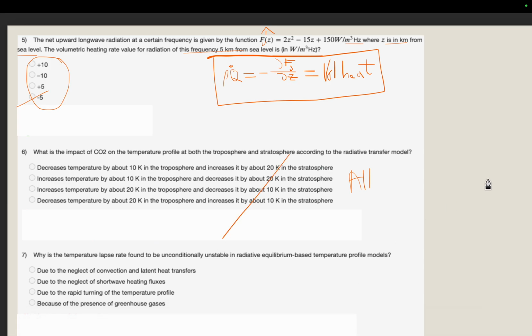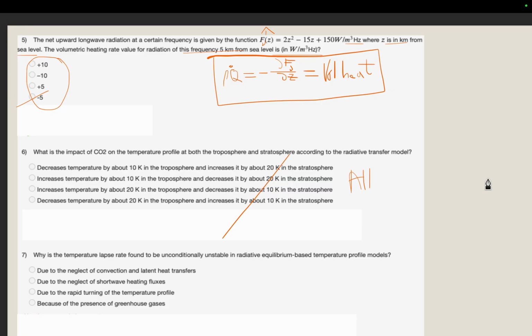In question 7, why is the temperature lapse rate found to be unconditionally unstable in the radiative equilibrium based temperature profile models? Option A, due to neglect of the convection and the latent heat transfer. Option B, due to neglect of the short wave heating fluxes.